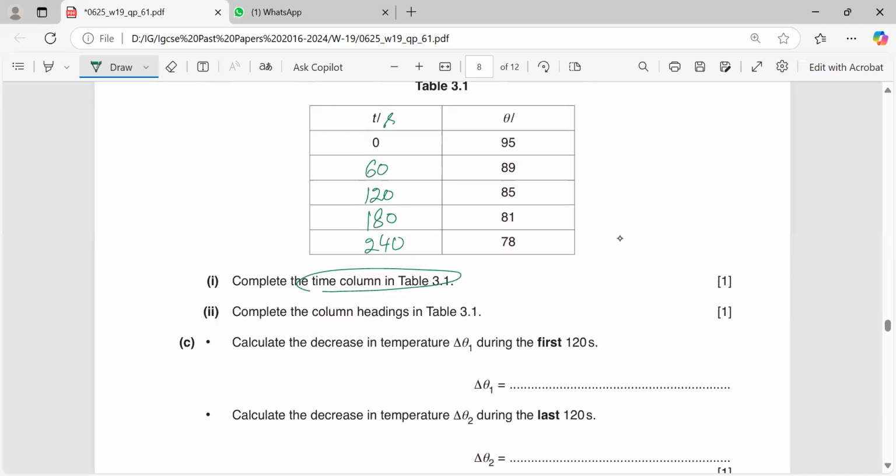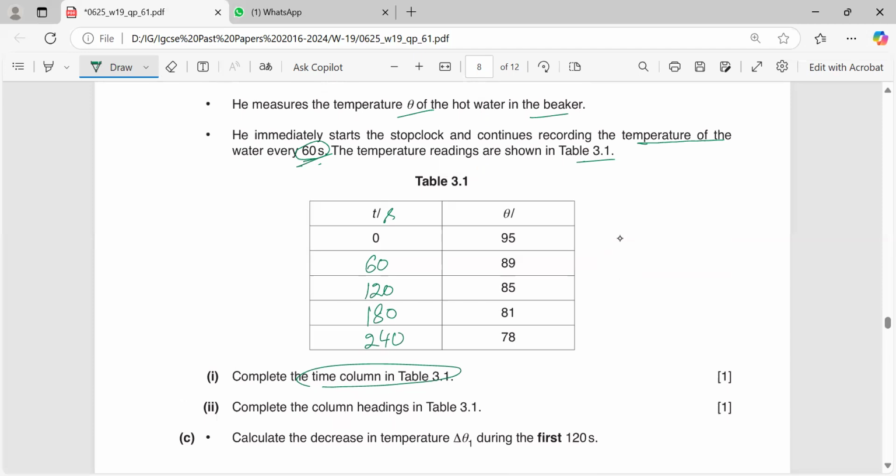I have discussed that question with you already. So complete the column headings in the table. So time is in seconds and temperature is in degree Celsius. You know what I mean to say? There can be the time column here, theta in degree Celsius, and time is in seconds. If the examiner is saying every 30 seconds, then it will be 0, 30, 60, 90, 120, and so on.